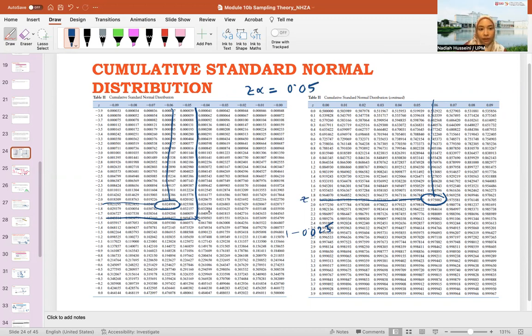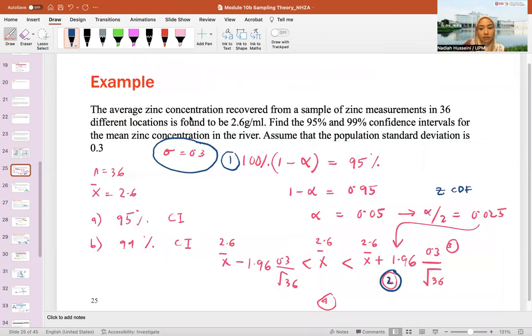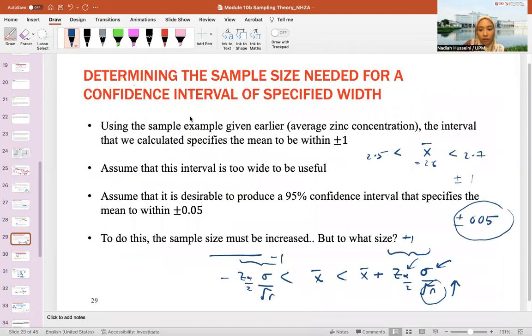So if I'm talking about a 95% one-sided confidence interval, Z alpha is just 0.05. Then my value is 1.645 instead of 1.96. Okay, so now you know how to find it.